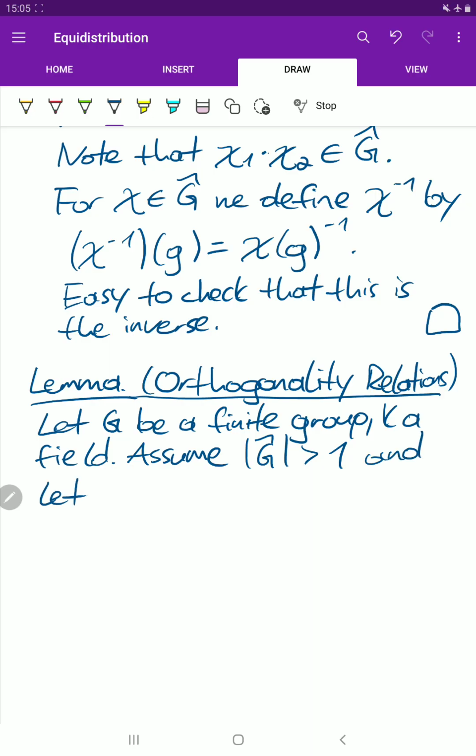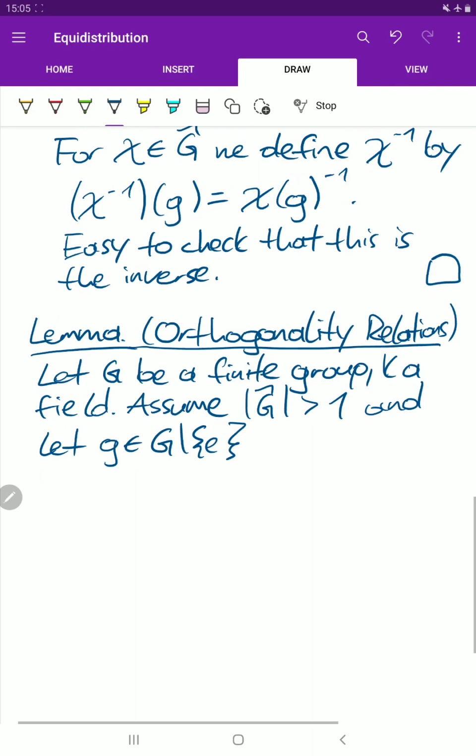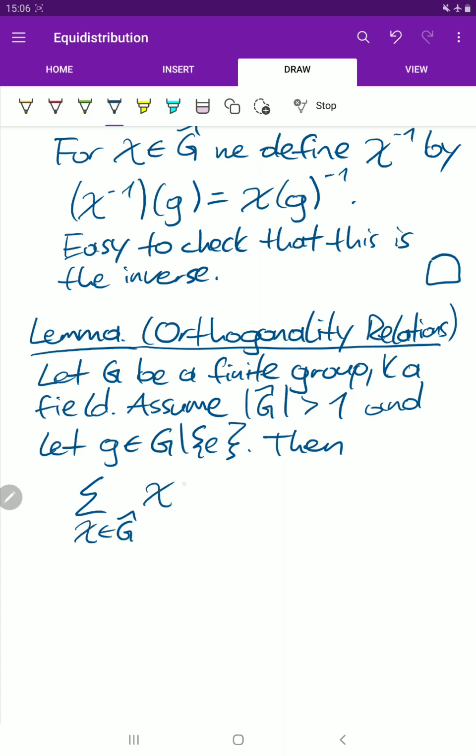So also G should not be just the trivial group. So let's take an element from the group which is not the neutral element. And the claim is then the sum over the characters of chi of g is equal to 0.